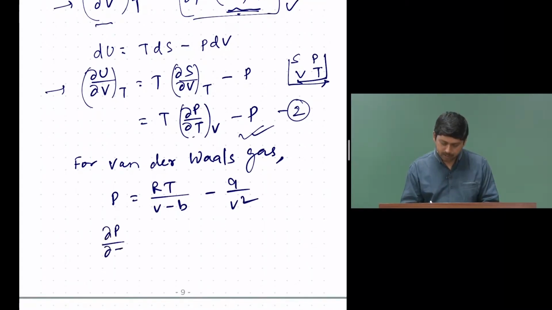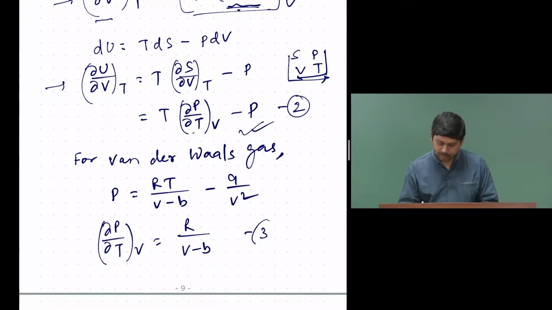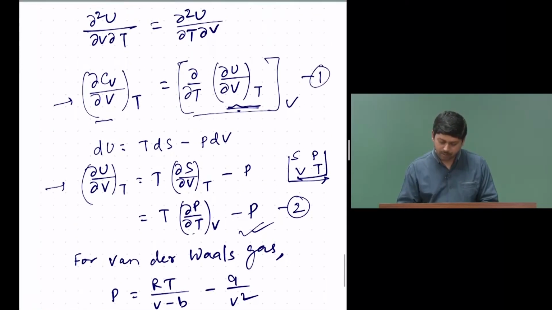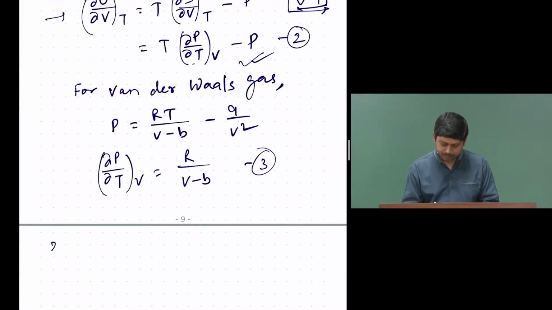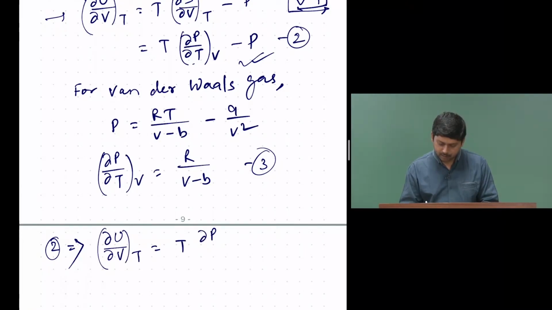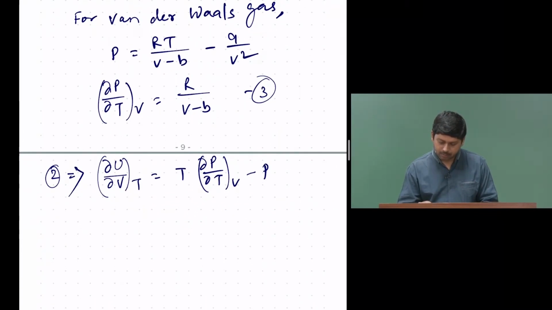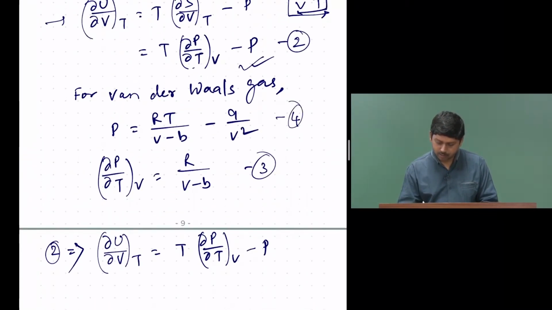Del P del T at constant V is nothing but R by V minus B, equation 3. Now from equation 2 we get del U by del V at constant T is T del P del T V minus P. I should put that as equation 4.